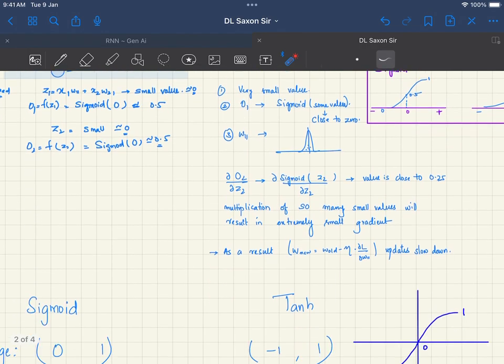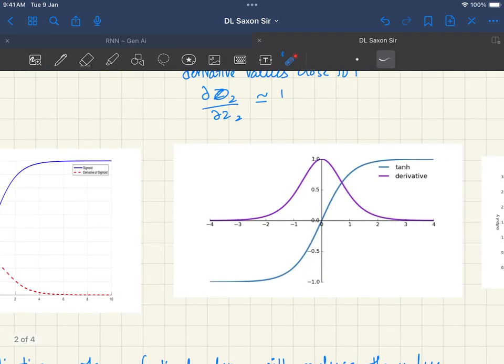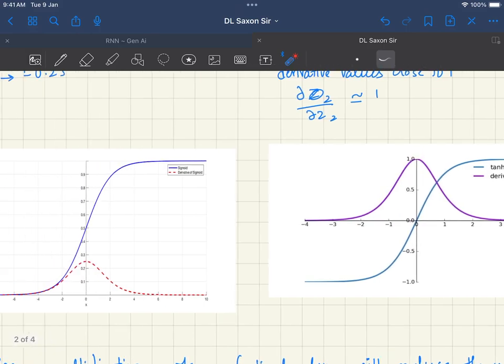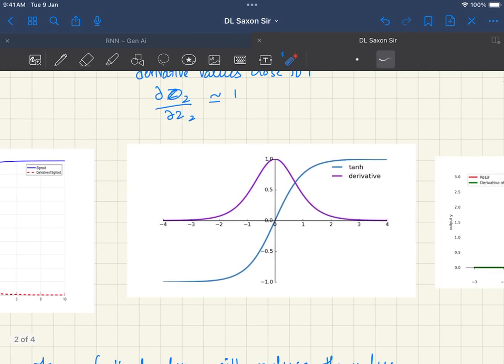What if we take tan h then? In tan h, at 0, the values are 0, and the derivative is close to 1. In sigmoid it is close to 0.25. In tan h it is close to 1.